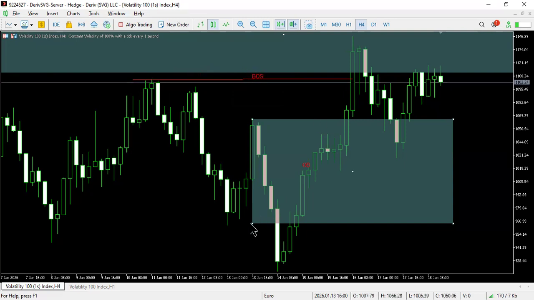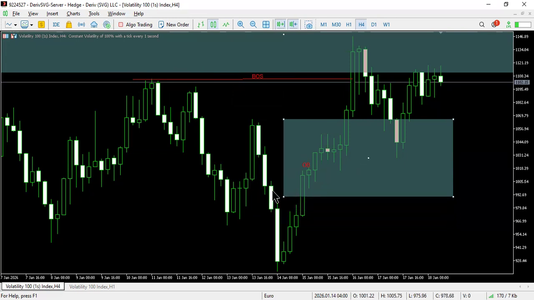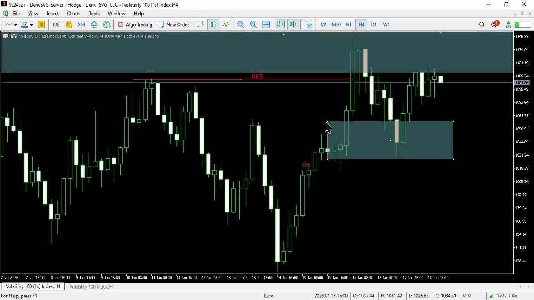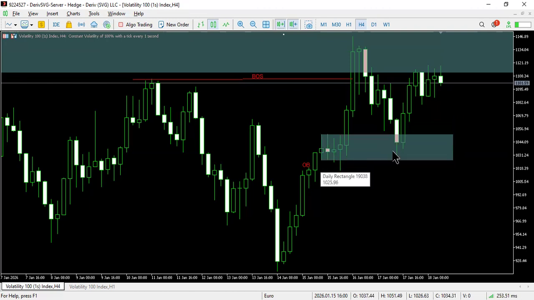And then that is the break of structure. And then the order block, which caused that break of structure, it is this order block where price has already tapped in. Price already tapped into the order block and it's pushing up.